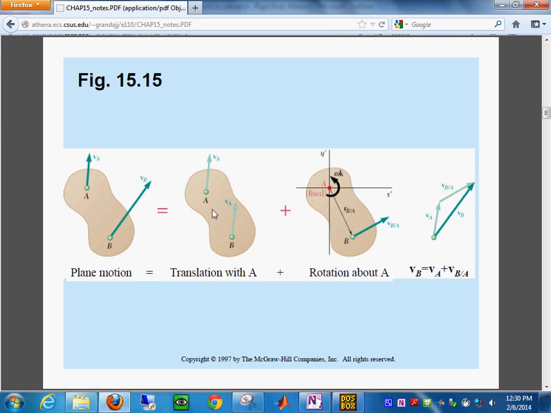So we see that the velocity of the point B is the velocity of A plus the rotation of B with respect to A, and that's represented here. See, you can represent it in a vector form too. Velocity of A plus the velocity of B with respect to A equals the velocity of B.